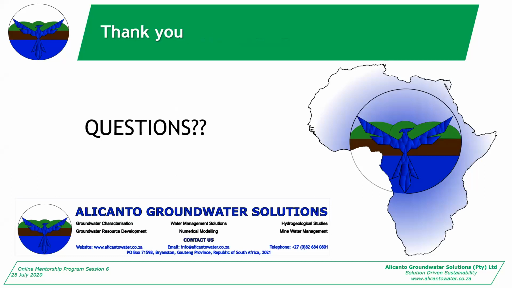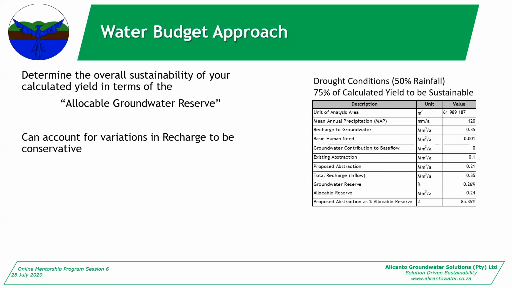Yeah. So you see, it's a fairly straightforward concept to calculate your budget and say, this is what's important for the environment. This is what I want to take out of it. Is it sustainable or not? Everybody agree that it's simple, or is it confusing?